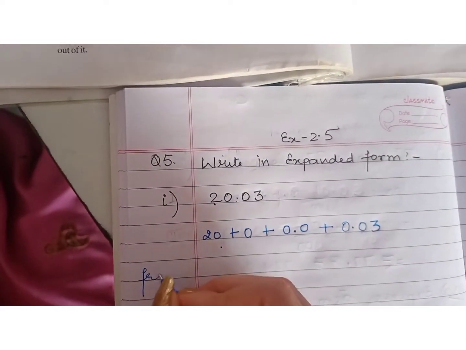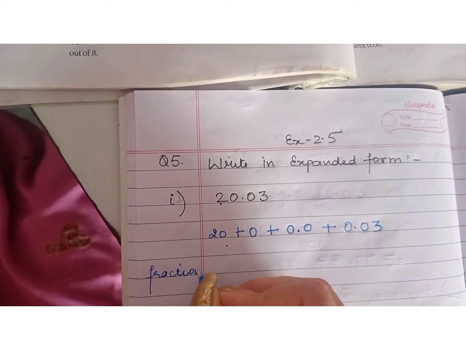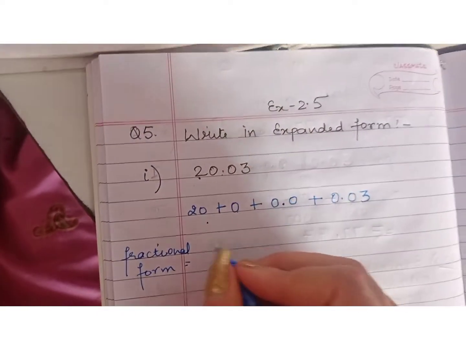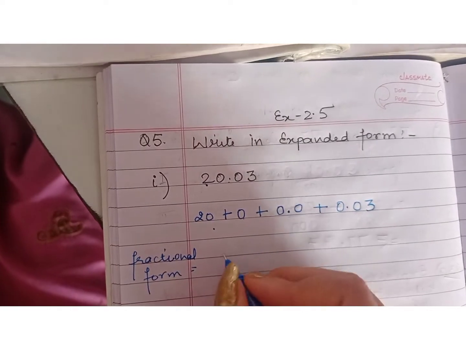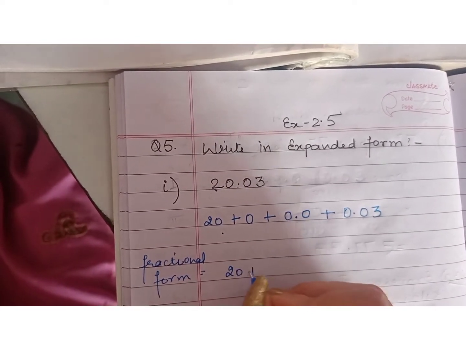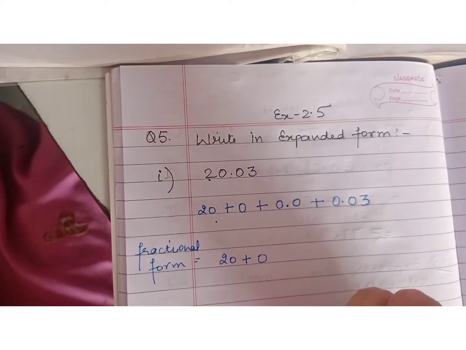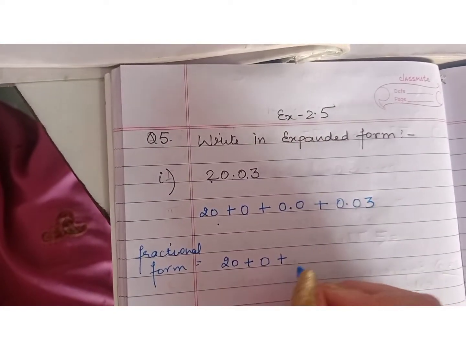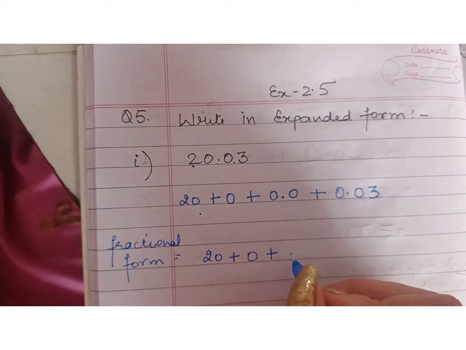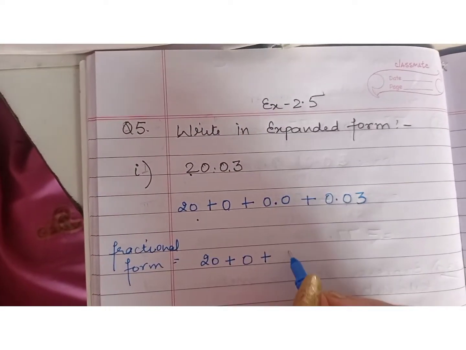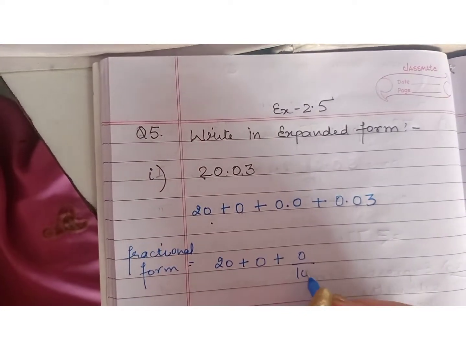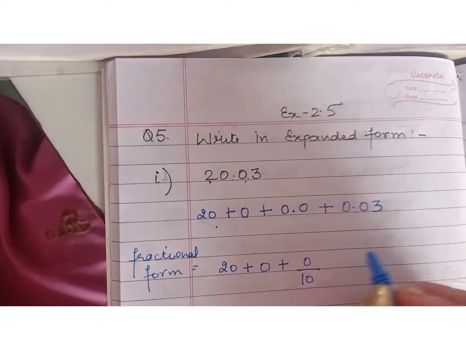We can also expand the given number in fractional form. So how will we expand it in fractional form? For the whole numbers before the decimal, it will remain the same, 20 plus 1. For the numbers after the decimal, those numbers will get converted to fractions. Write the first number after the decimal, and then in the denominator write 10, as it is at the tenth position.